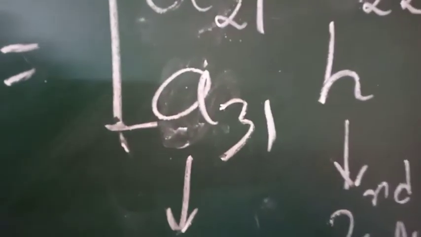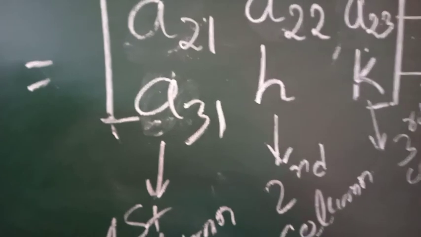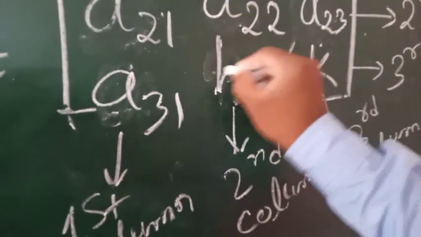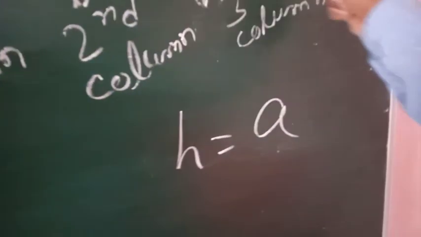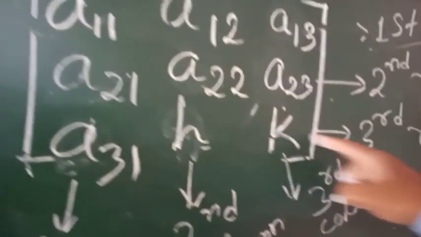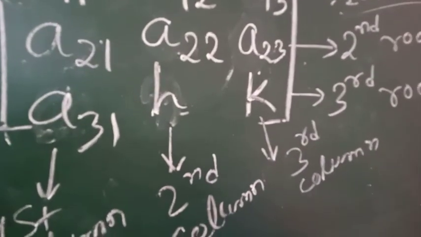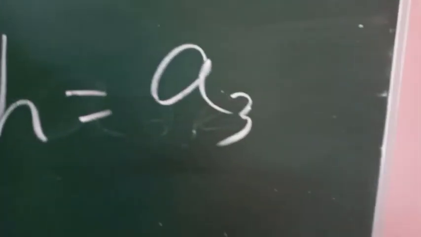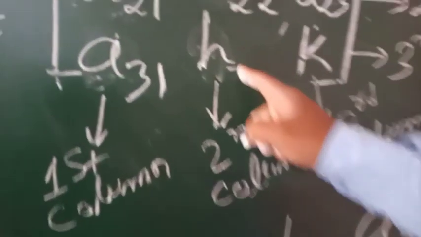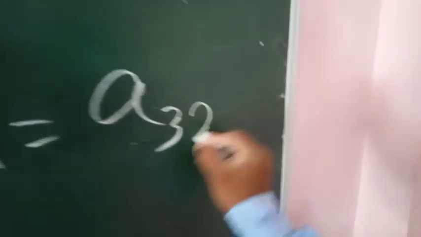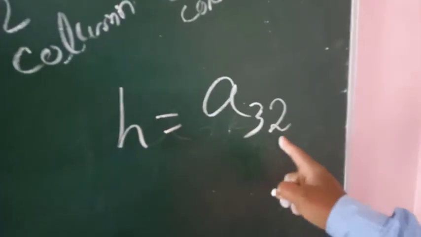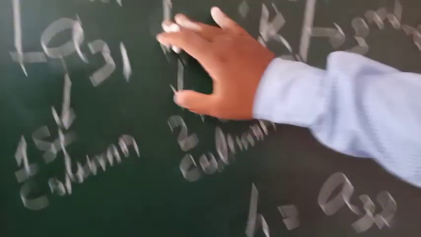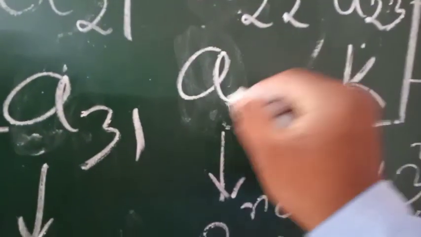Now H. H is in the third row and the second column. Here I write 3 for the row and 2 for the column, so in place of H I will write A32.